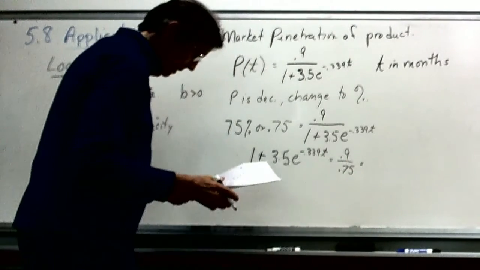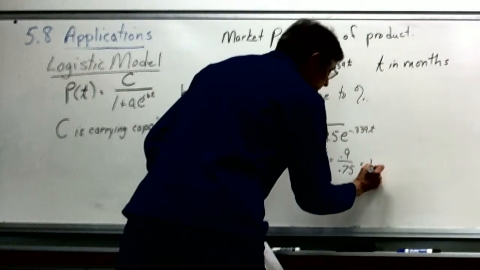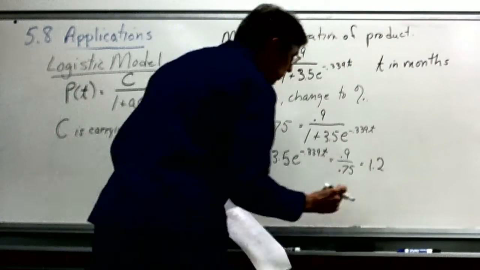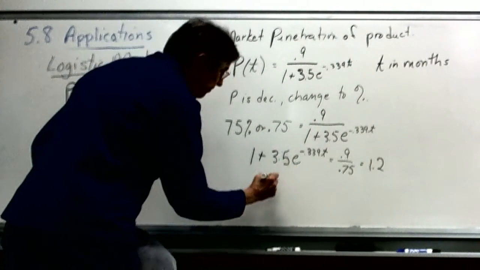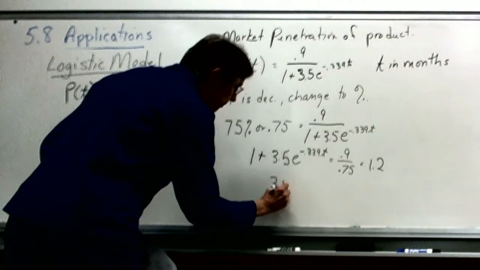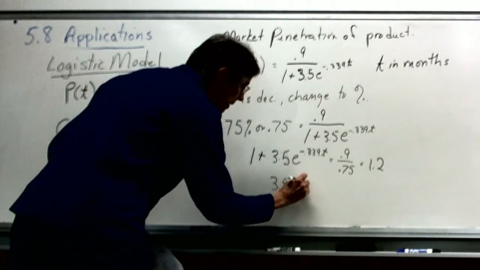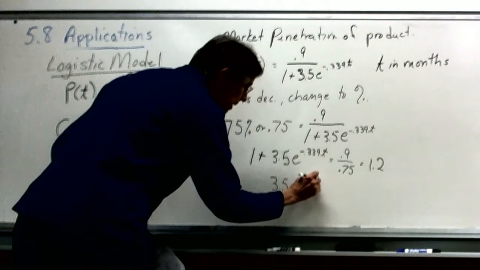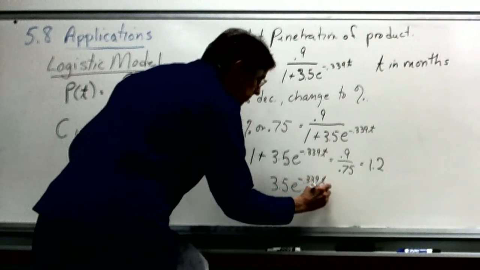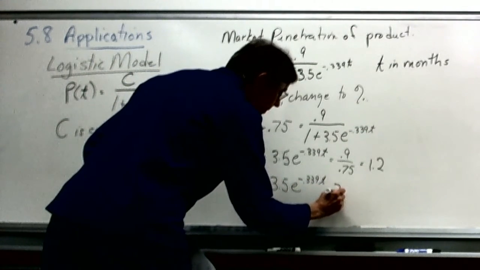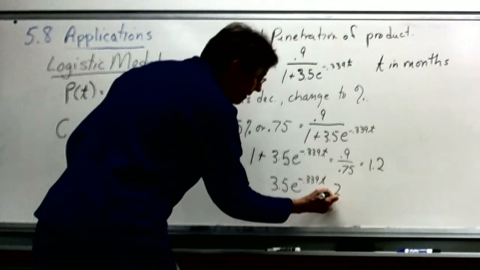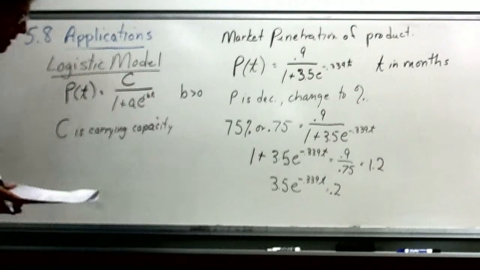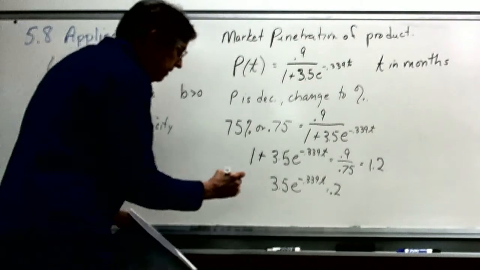And that turns out to be a nice fraction, 1.2. Subtract 1 from each side to simplify a little bit. Okay, so we subtracted the 1 from this side, subtracted the 1 from that side. Divide by 3.5.